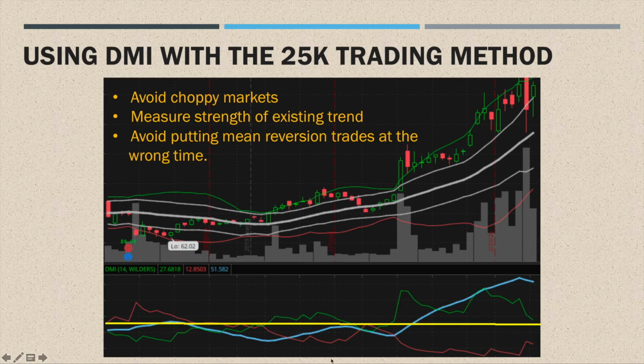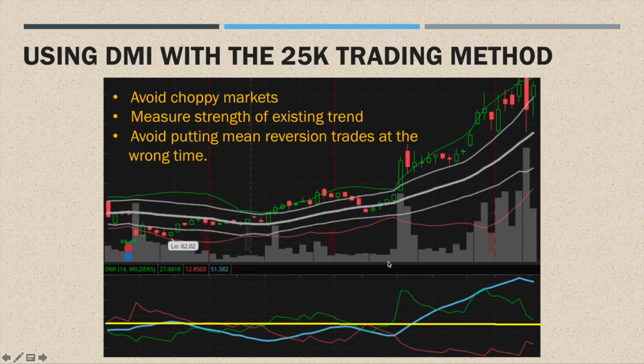And in this case, you will notice that the green line is trading above the red line and ADX has just crossed 20. So that would mean a bullish trend is starting, and from this point on, you can use ADX to measure how strong this trend is and at what point will the trend exhaust.